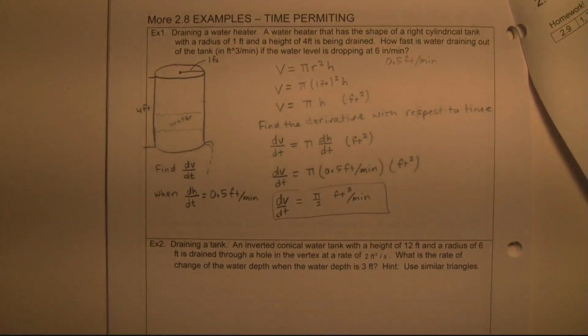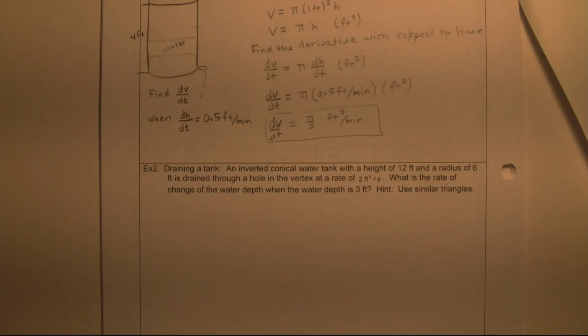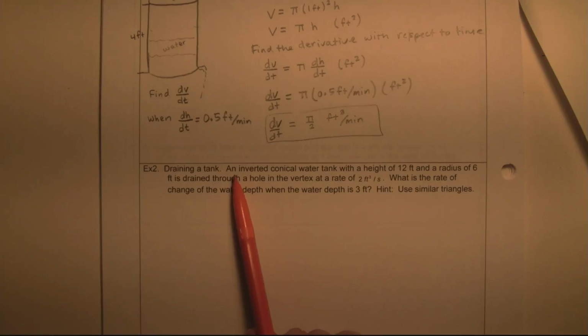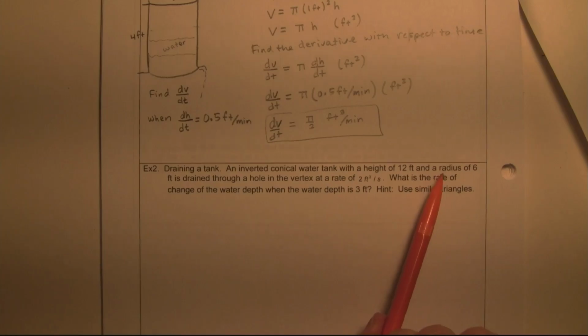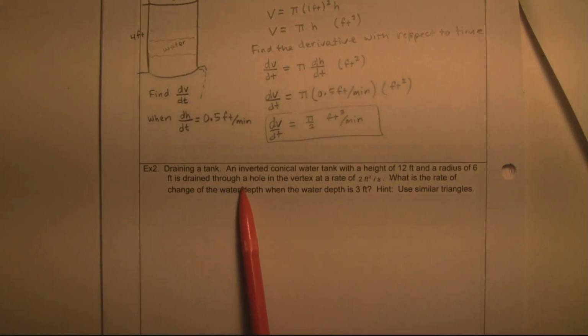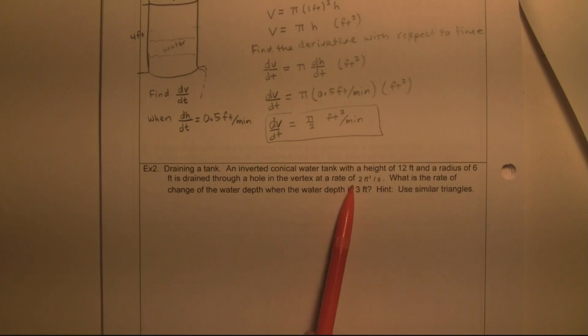Okay, and so the next problem is about draining another tank. An inverted conical water tank with a height of 12 feet and a radius of 6 feet is drained through a hole in the vertex at a rate of 2 feet cubed per second.